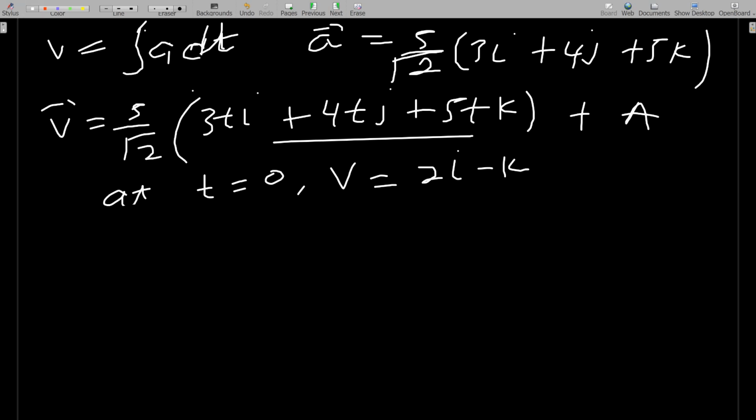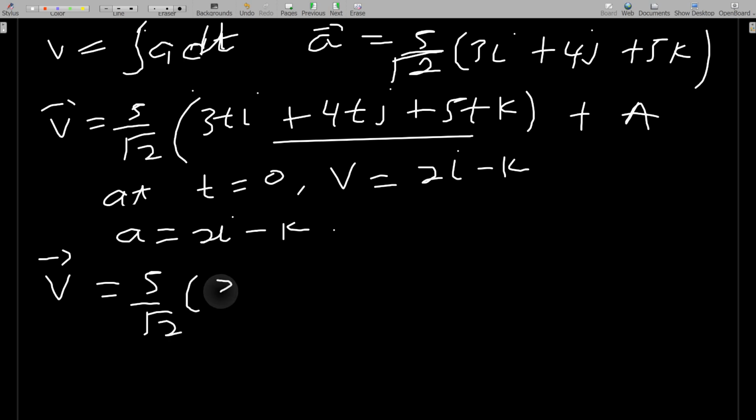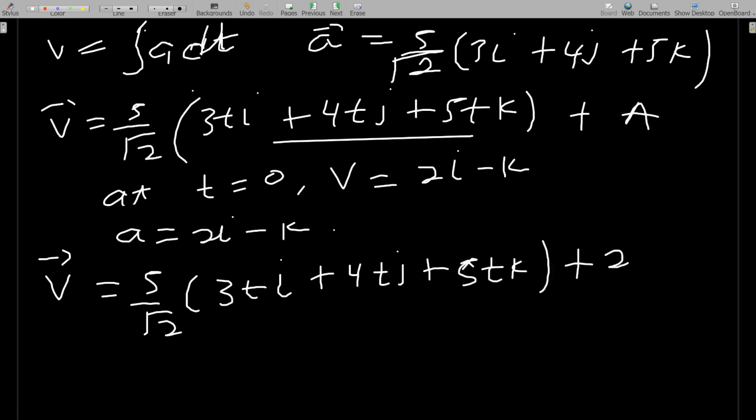Alright, so I have a being equal to 2i minus k. This means that my v is equal to 5 over root 2, then 3ti plus 4tj plus 5tk, then plus 2i minus k.